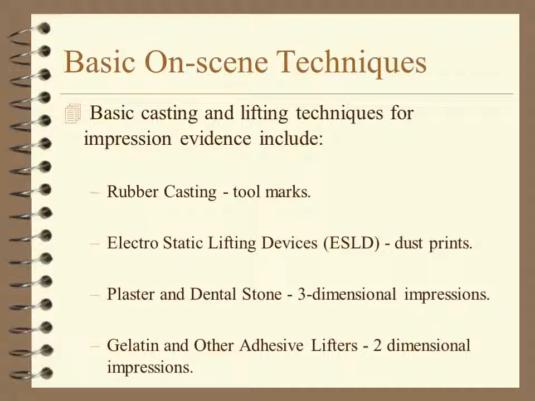Some of the basic on-scene casting and lifting techniques include rubber and silicone compounds, electrostatic lifting devices for dust prints, plaster and dental stone for three-dimensional impressions, although they can also be used for two-dimensional ones, and gelatin and other adhesive lifters for two-dimensional impressions.